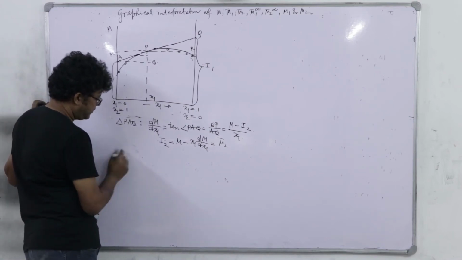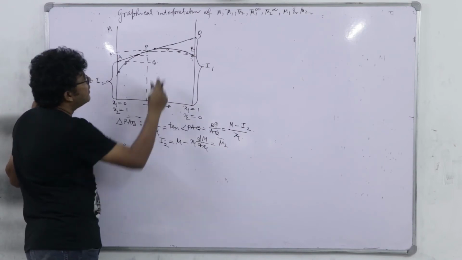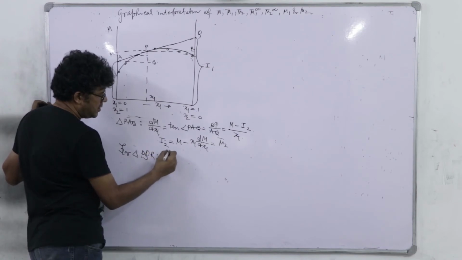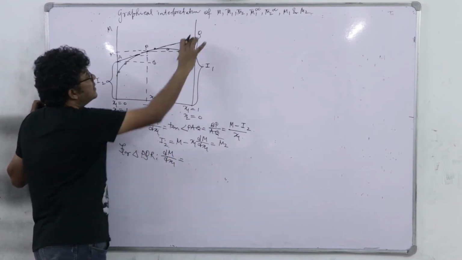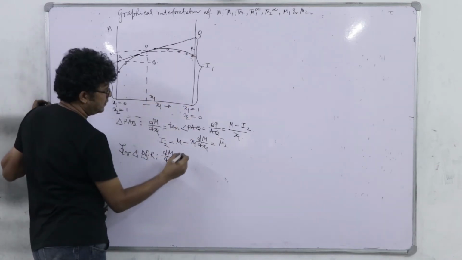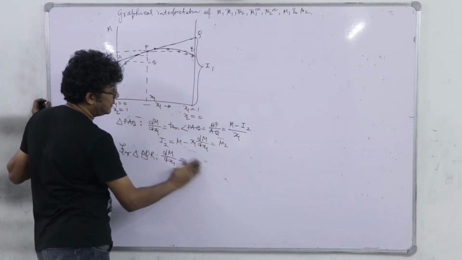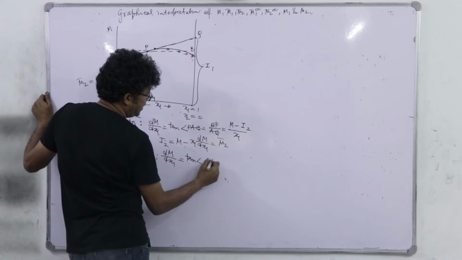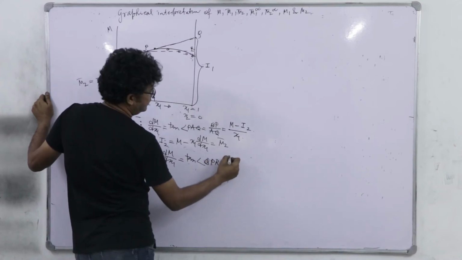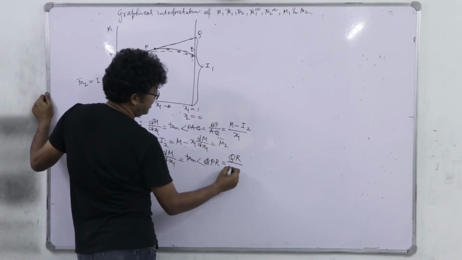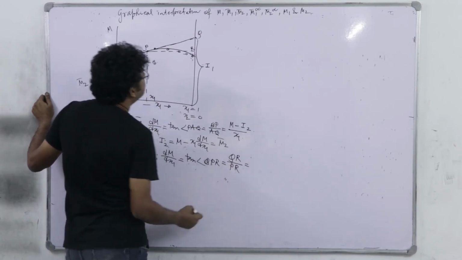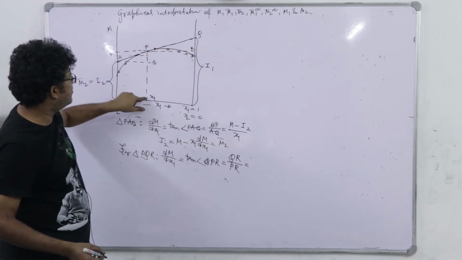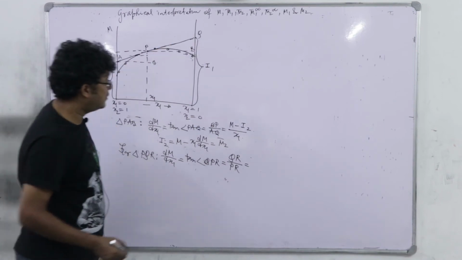Now, for triangle PQR, dM dx1 again we can write, this is QR, or rather we can say it is tan of angle QPR, which is QR divided by PR. So, QR this much is I1 minus M. I1 minus M is this much.